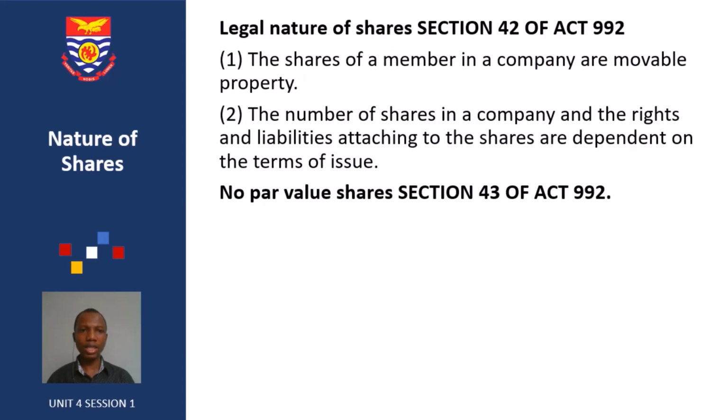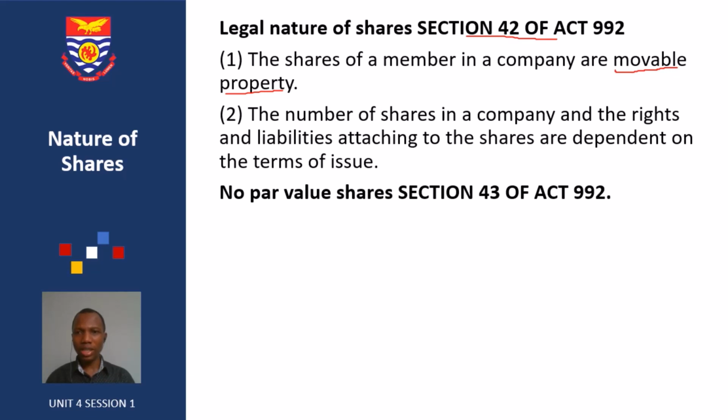We want to look at the nature of shares. Section 42 of Act 992 deals with the legal nature of shares. So, shares of a member in a company are movable property.